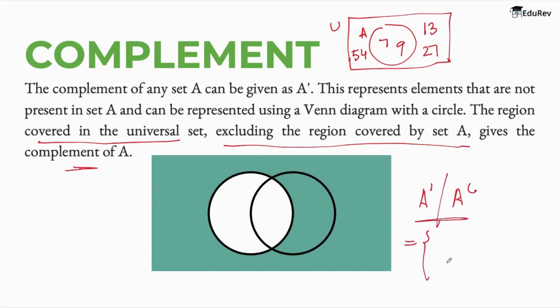It will be a set which has 13, 27 and 54. So this is basically the complement of a set. That is, we need to include all the elements which are in your universal set, but they are not present in your A, that is your set in question. So this is basically what the complement of a set is.